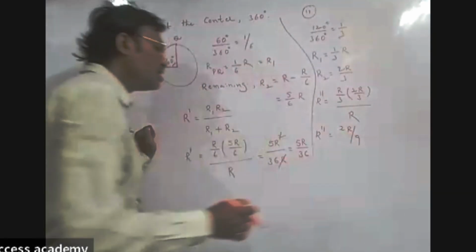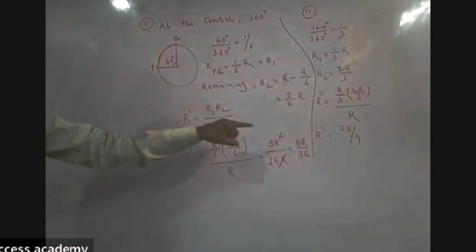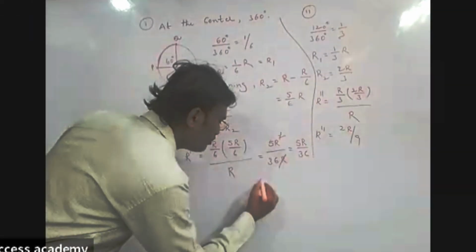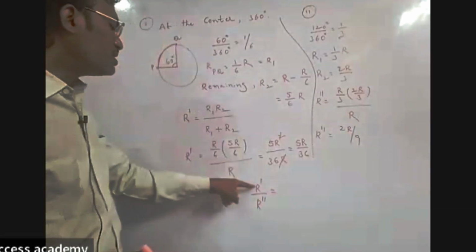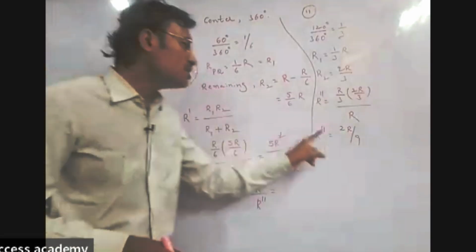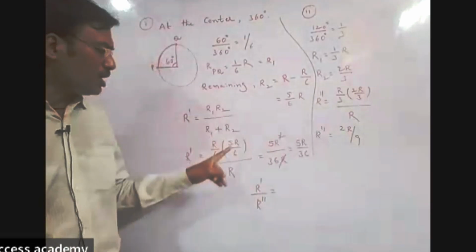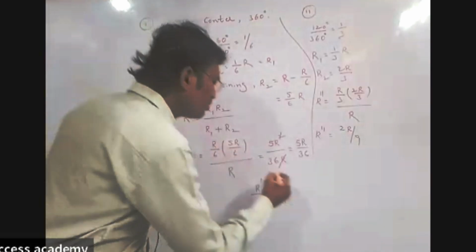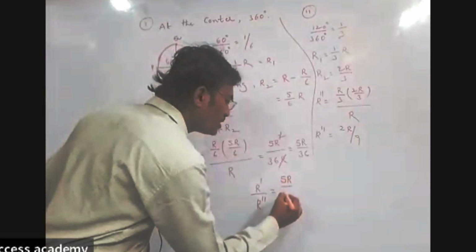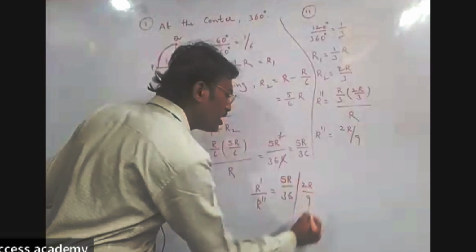The question is the ratio of effective resistances, R dash by R double dash. In the first case, R dash is the effective resistance. In the second case, R double dash is the effective resistance. We need to calculate R dash by R double dash. R dash is 5R by 36 and R double dash is 2R by 9.